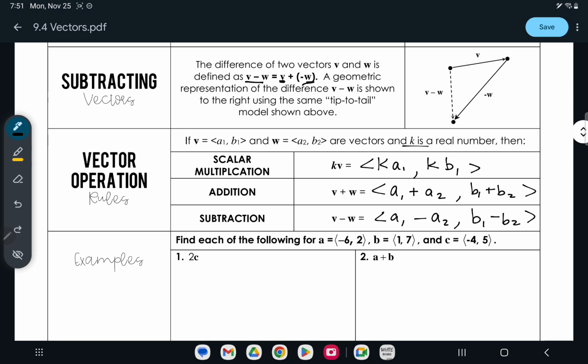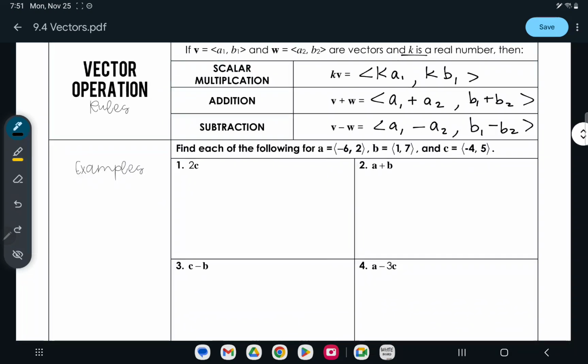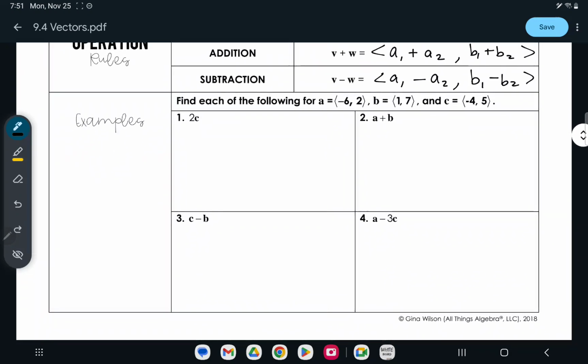All right, so let's look. Find each of the following. So we'll do all four of these. 2C, well, C is -4, 5. And doing 2 is multiplying, essentially like distributing. So it's going to become -8, 10. A plus B, so -6, 2, and 1, 7.